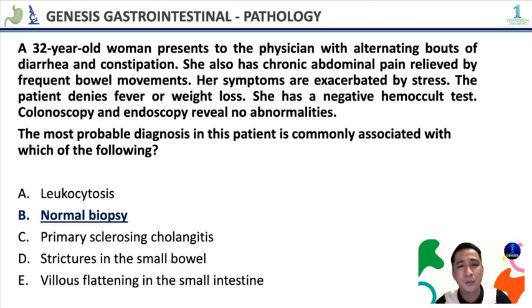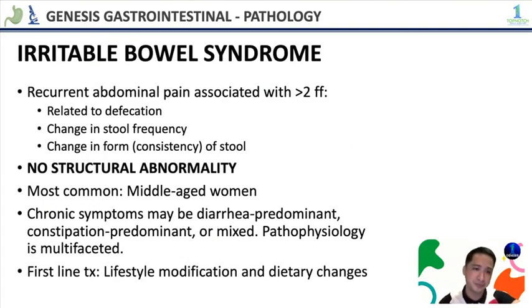It presents with bulky fat stools following meals. Endoscopic findings will include villous flattening in the small intestine. So the answer for this is irritable bowel syndrome, which shows normal presentation.